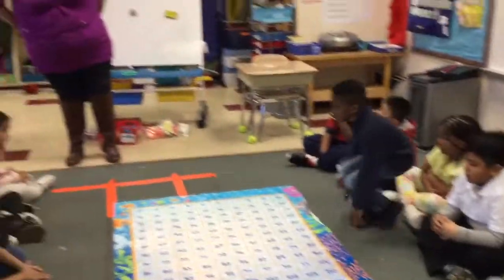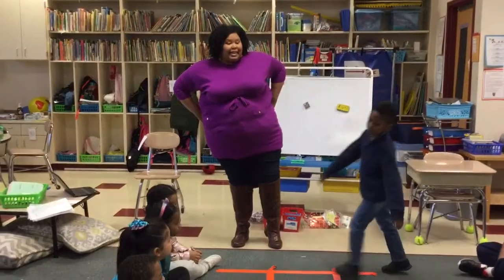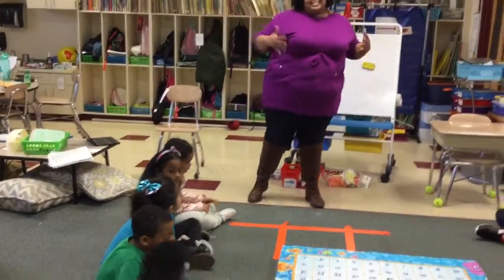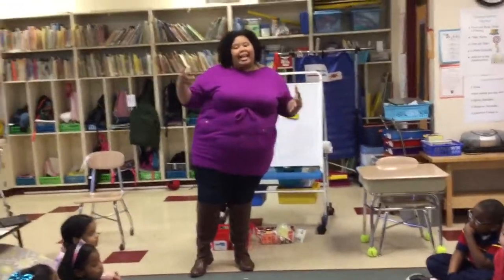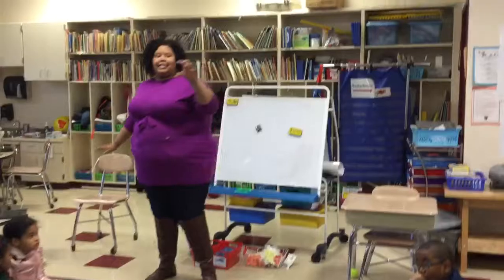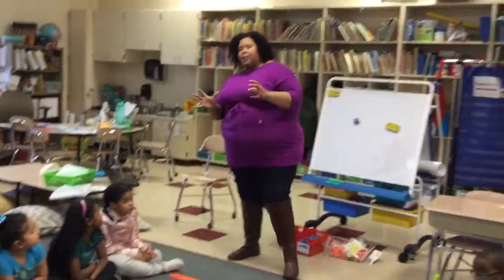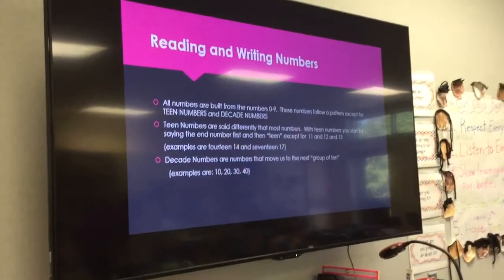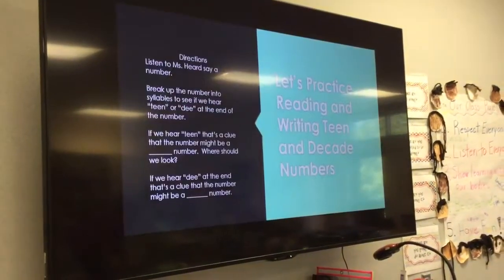Okay, those are decade numbers, and the reason why we call them decade numbers is because a decade represents 10 years in real life, but that idea of 10, when you look at decade numbers, in order to get to the next decade, you have to jump a group of what? 10.